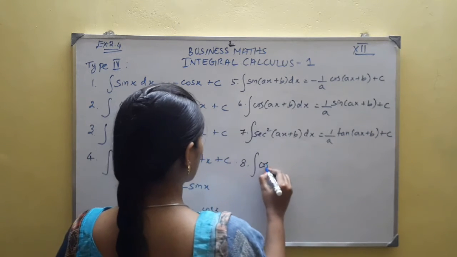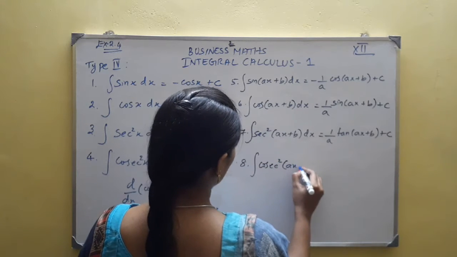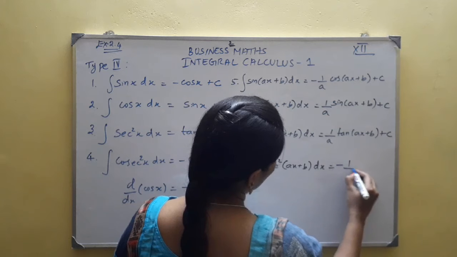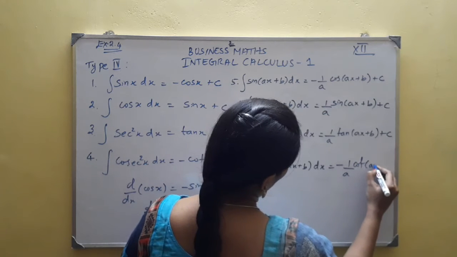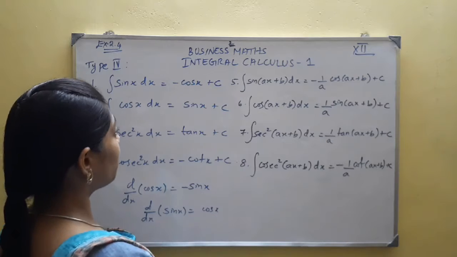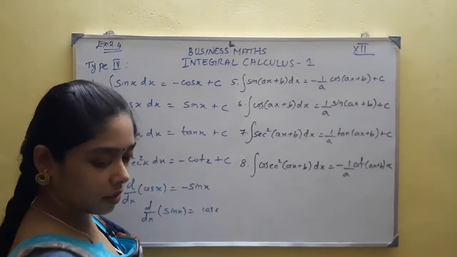Integral cosecant square(ax plus b) dx is actually minus 1 by a cot(ax plus b) plus c. Today we do problems based on these formulas.